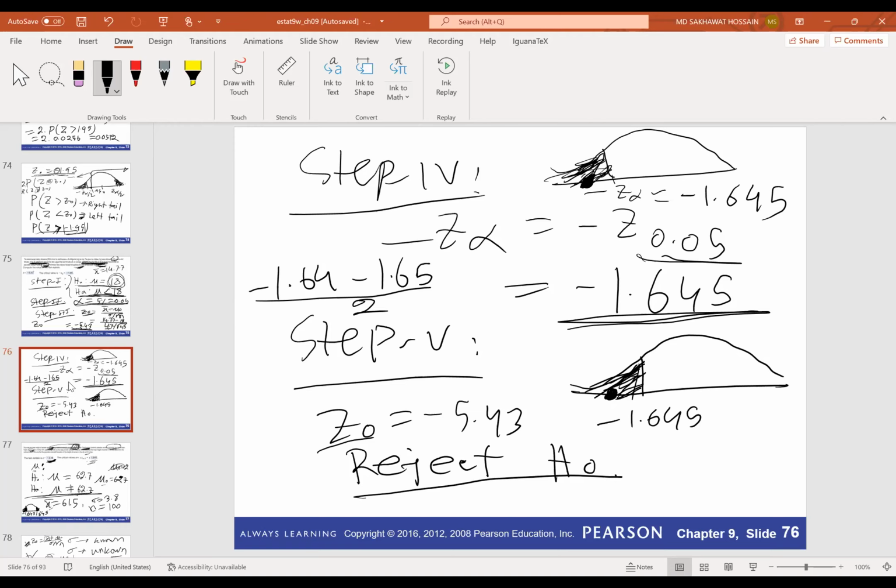And our conclusion will be that the data provide sufficient evidence that the population mean mu is less than 18. Or you can say that our data provides sufficient evidence that adult females are getting less than 18 milligrams of iron.